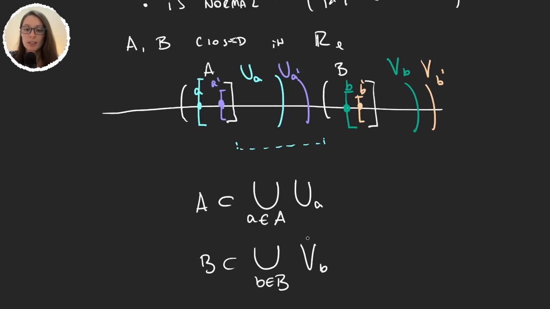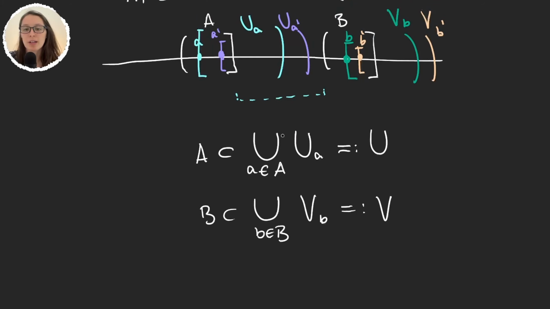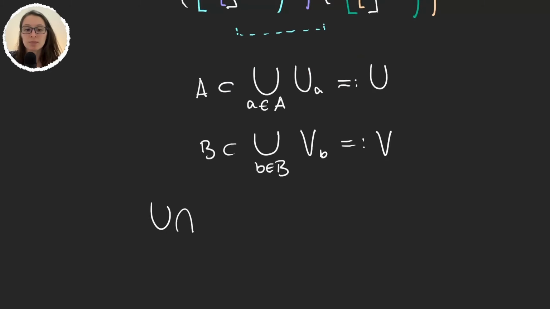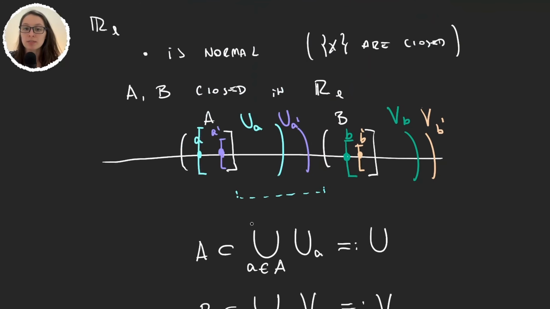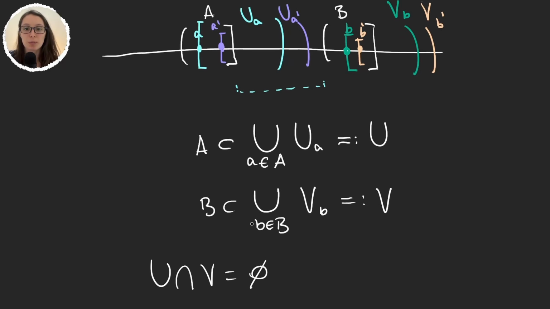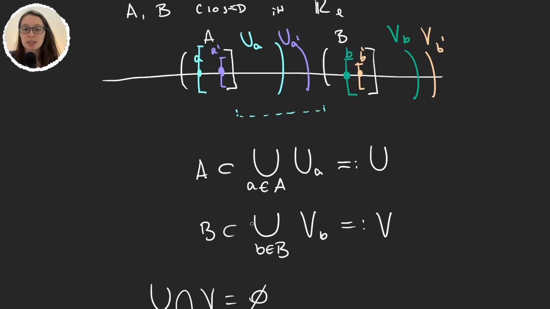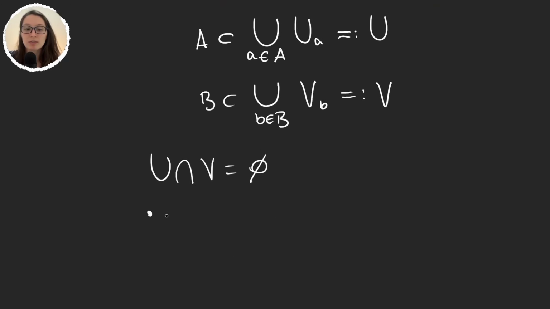And we said that all these sets were disjoint, so if we call this union U and this other union V, then we have a neighborhood of A and a neighborhood of B that are disjoint. And so we have that R_L is normal, because given two disjoint closed sets, we were able to find two disjoint neighborhoods of each of them. Now because it's normal, then it's also going to be regular and Hausdorff.